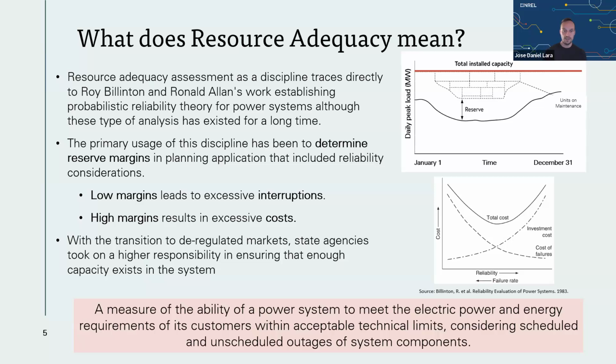If you look at the slide, this is exactly what you can see: there's a total installed capacity and the reserve calculated over those amounts of capacity and how much are the outages. So resource adequacy in many ways was defined as the measure of the ability of the power system to meet electric power and energy requirements within acceptable technical limits, considering these scheduled and unscheduled outages. Now we go to the next slide.